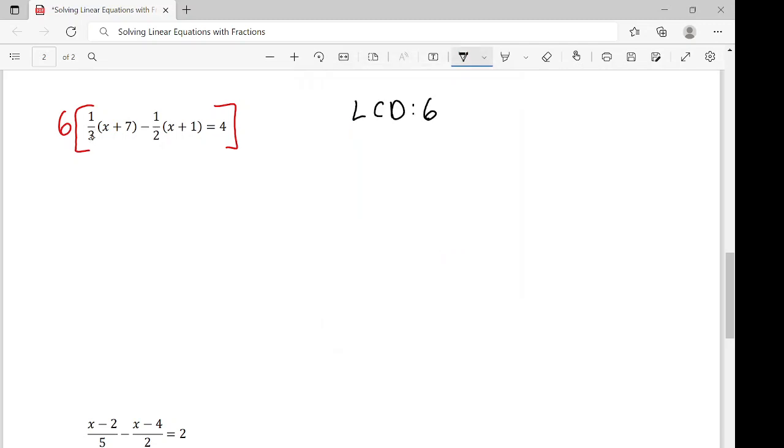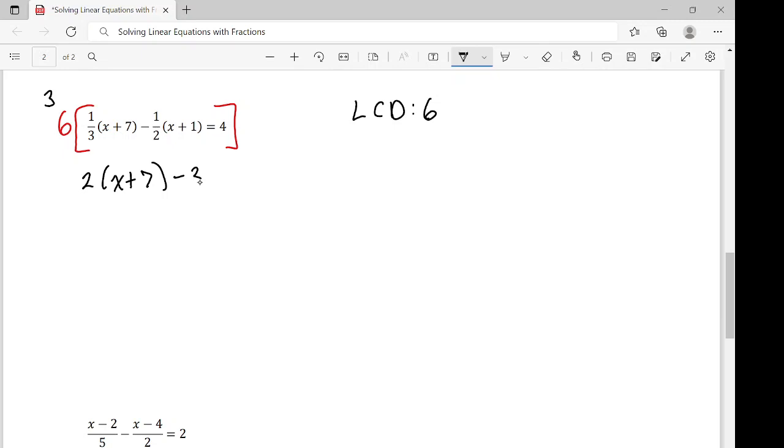So this 3 goes into 6 2 times, and so I'm going to have 2 times x plus 7. So this 6 cannot go into this parentheses. The 1/3 actually reduces it down, so don't multiply 6 in here. Now I'm going to do it again. 2 goes into 6 3 times, so 3 times the whole parentheses.